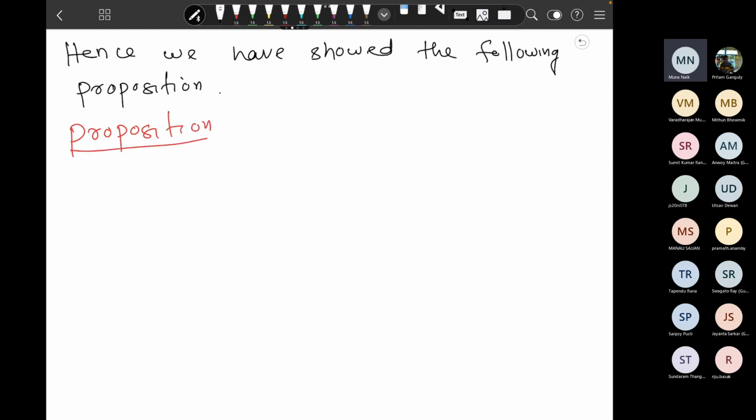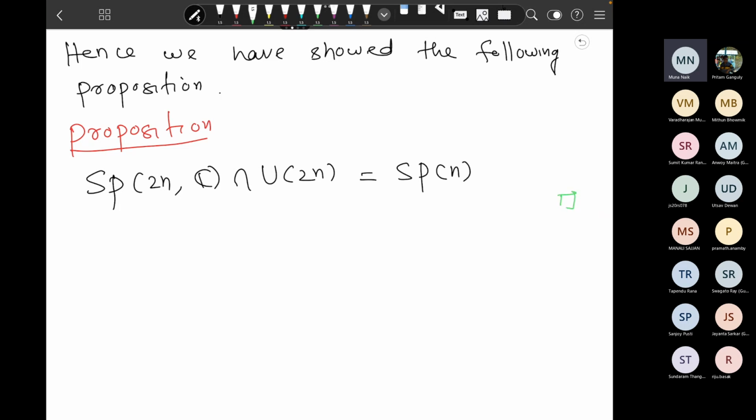This is Sp(n): Sp(2n,C) intersection U(2n) is equal to Sp(n). Now Sp(n) is connected, so we have proved this thing. So this is connected.